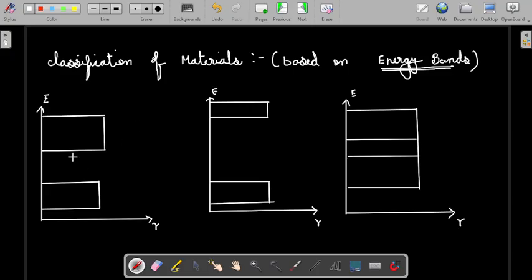So this gap is there, right? So this one we will call the energy gap. So simply I will be putting Eg. So Eg, if it is approximately equal to 1 electron volt, then that is called a semiconductor.